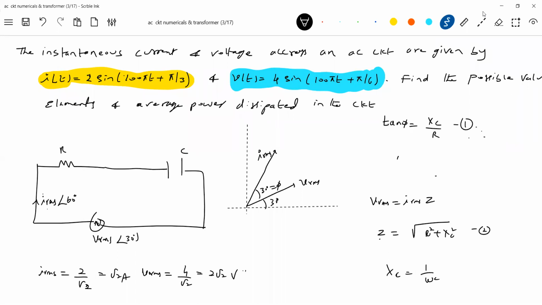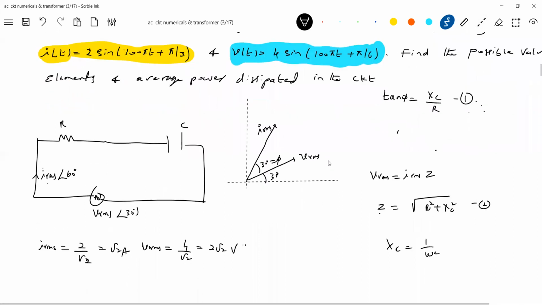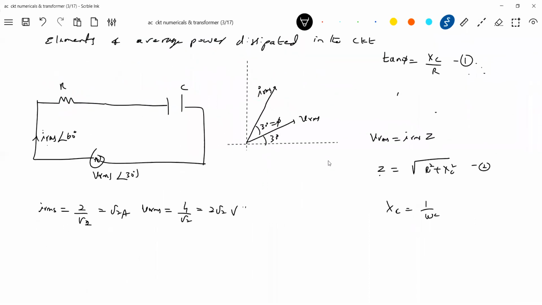Is it okay, the phasor diagram? Then the impedance triangle, how should it be? I think you have to be a little bit careful here. So how should the impedance triangle be? In the direction of current, it should be R, no? Okay, the impedance triangle.